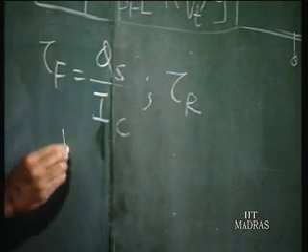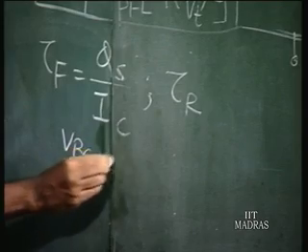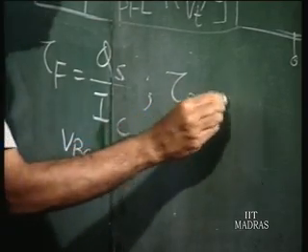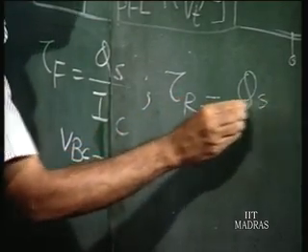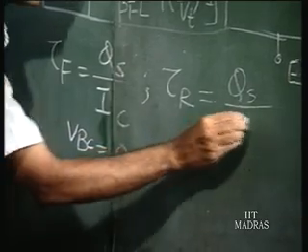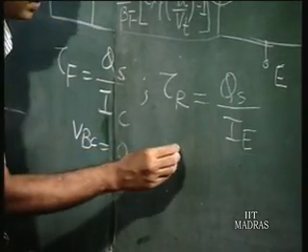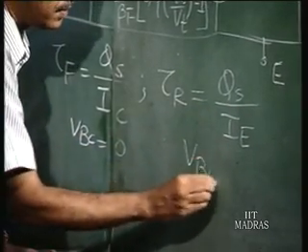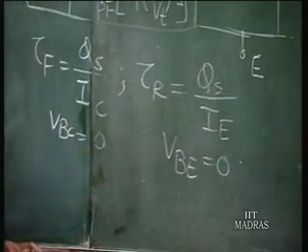whereas the reverse transit time, so this is when VBC is equal to 0. For the reverse transit time, it is going to be the stored charge versus IE, with VBE equal to 0.